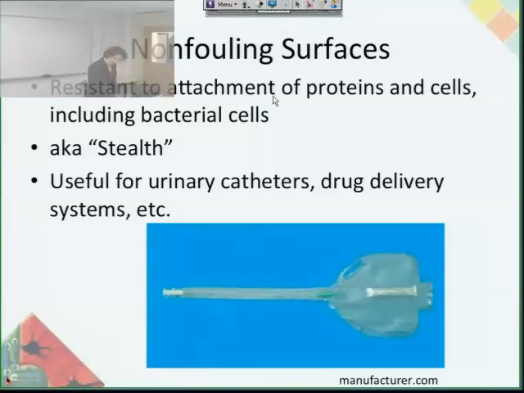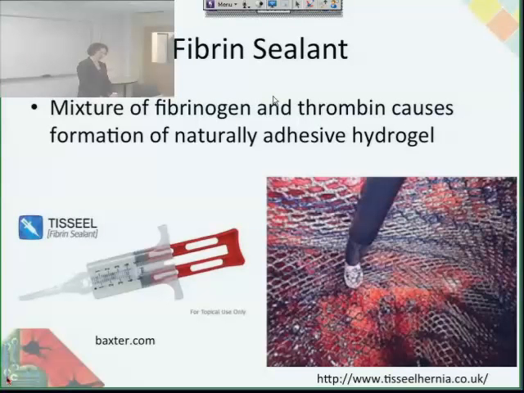I wanted to qualify all these statements by talking about fibrin gels, which cells actually can attach to, and they like to. This is a mixture of fibrinogen and thrombin. When you mix solutions of fibrinogen and thrombin, the thrombin cleaves the fibrinogen and makes it no longer soluble in the water that you dissolved it in, which causes it to precipitate out of the solution, but it's still swollen with water, so it's a gel.